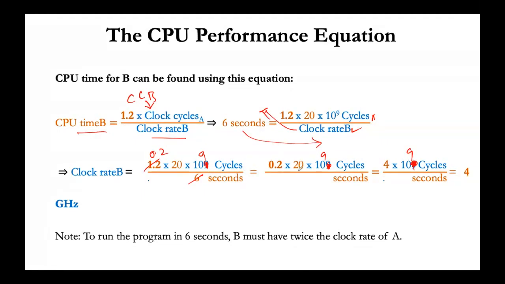So 2 twos are 4, it becomes 40, the decimal is there, so we get 4 into 10 to the power of 9 cycles per second. In total, it is 4 gigahertz. So note that to run the program in 6 seconds, computer B must have twice the clock rate of A.